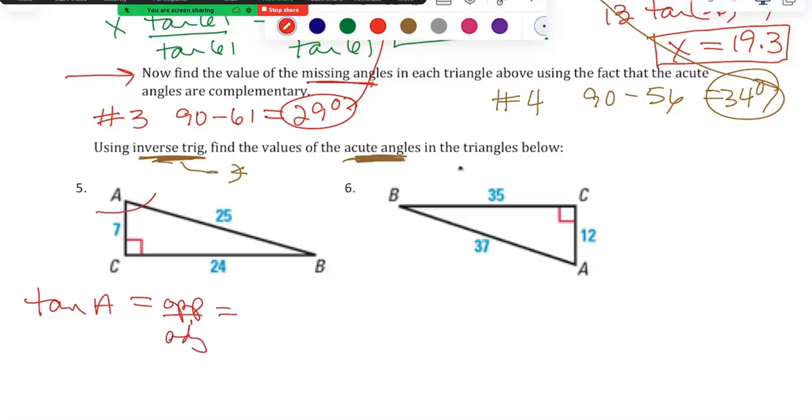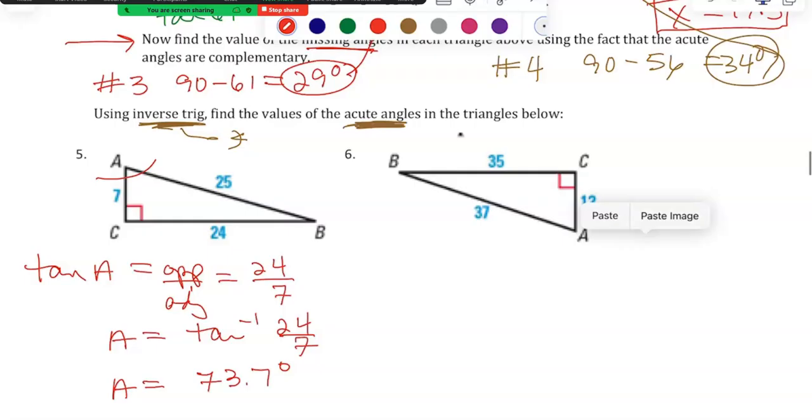So tan of A equals 24 over 7. Now, I don't want tan of A, I want A. A equals tan to the negative 1 of that exact ratio. Angle A will equal 73.7 degrees.